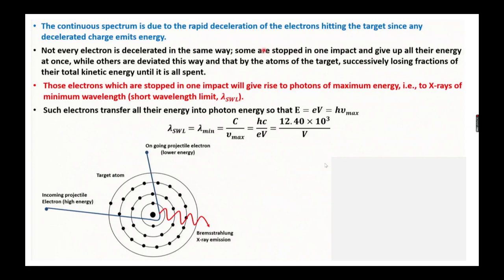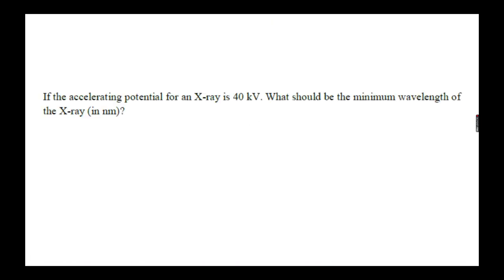Suppose the lambda value is in nanometers, something like 0.03. If you want to find the value of voltage, then we have to substitute it as 0.31 times 10 to the power minus 9, right?